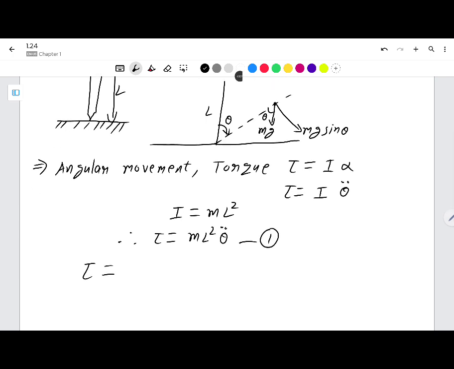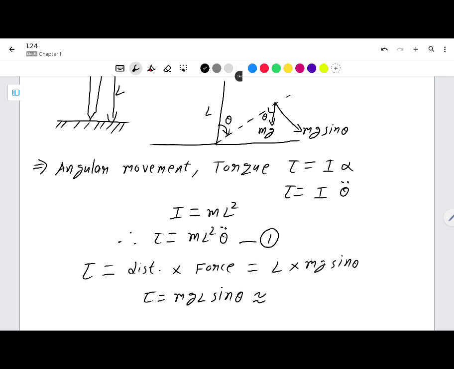Also, torque is equal to distance times the force. So here the distance is L and the force is mg sine theta. So torque is basically mgL sine theta.